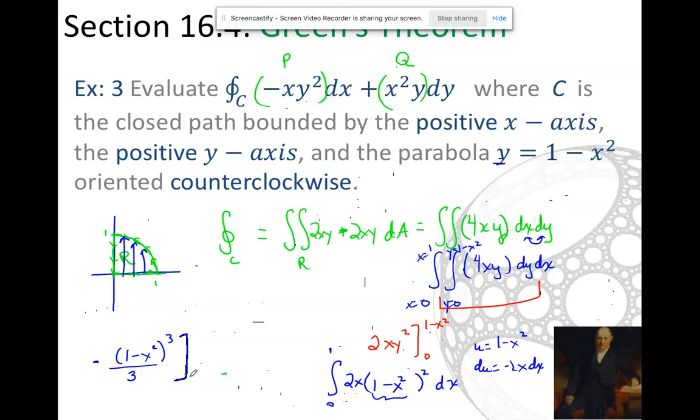And that's going to be evaluated at 0 and 1. So that's going to be negative, and 1 minus 1 squared is going to be 0, right? Minus, now put in 0, and I get 1 cubed, which is 1 over 3. So negative of negative 1/3 is 1/3.